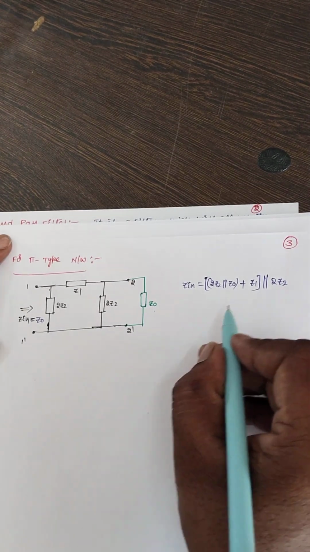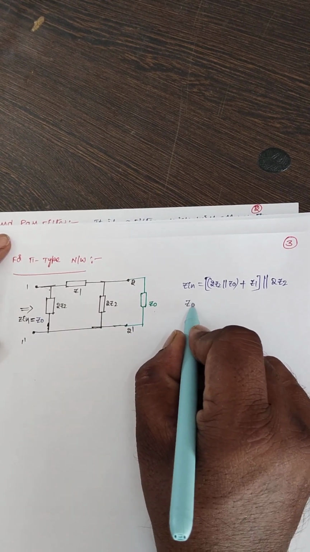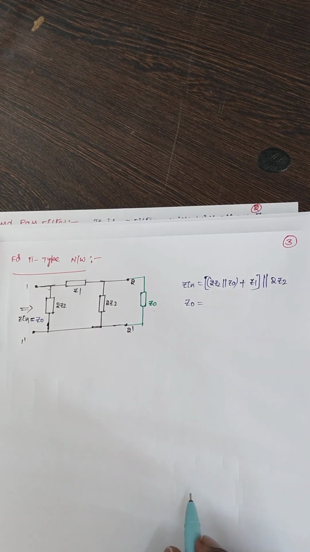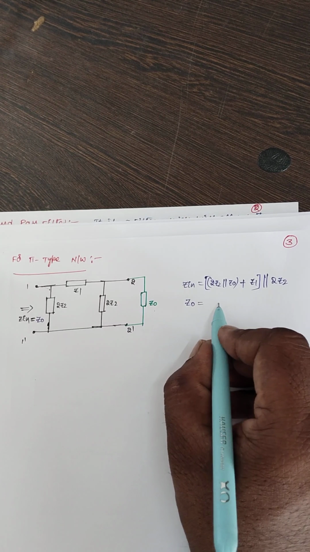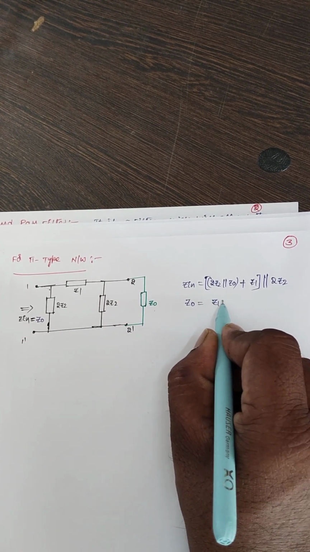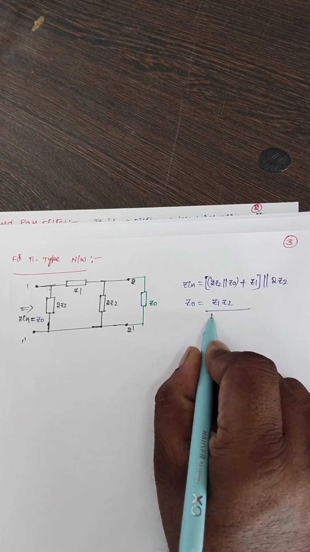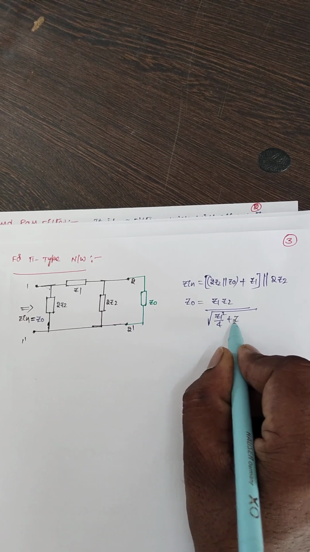If you find this Z in, we know that it is Z0, and if you simplify this expression, then we will get Z1 Z2 by square root of Z1 square by 4 plus Z1 Z2.